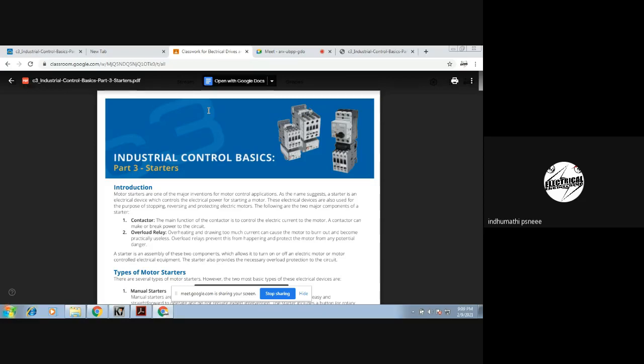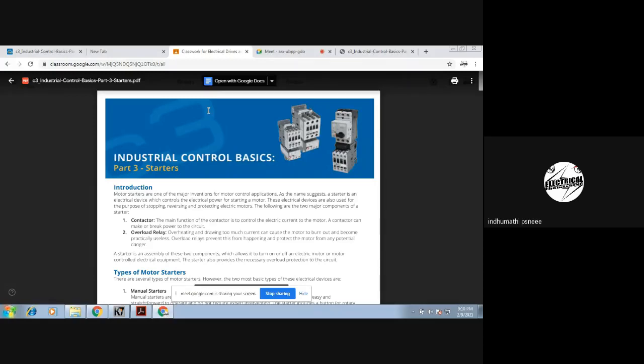So in all these starters, there are three components common to all of them. What are they? Contactor, overload relay, and a no load relay. The main function of the contactor is to control the electrical current to the motor. A contactor can make or break power to the circuit.